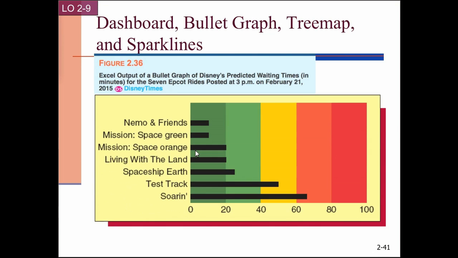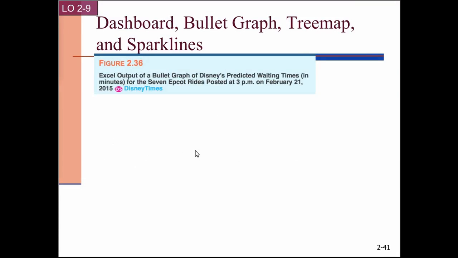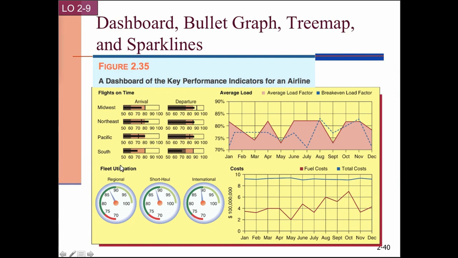Another type is gates. For example, you can compare those three different types of information about regional, short haul, and international, and you want to see if they utilize the fleet enough. 100% would be great. As you can see, in the regional, the utilization of the fleet was about 87.5%.